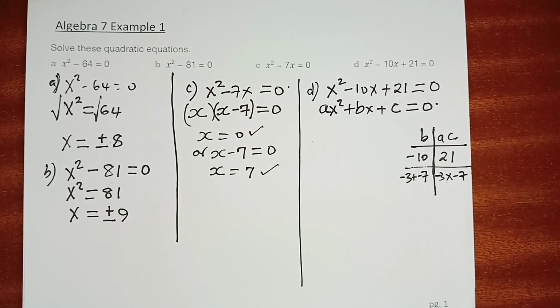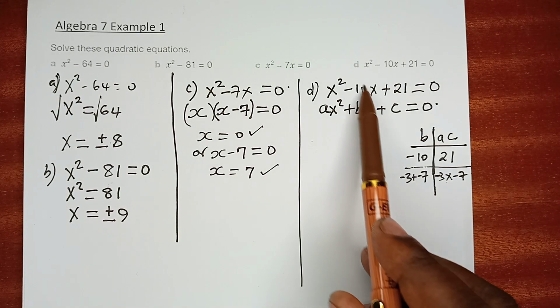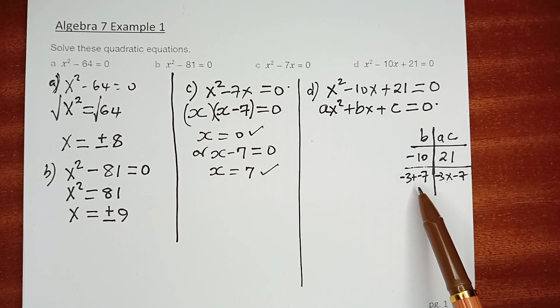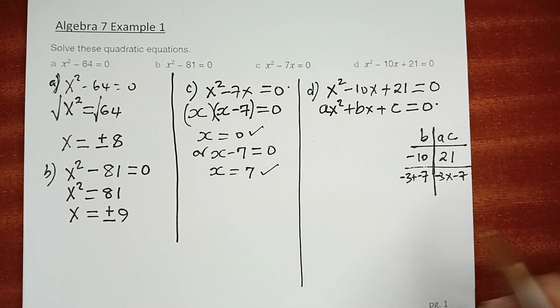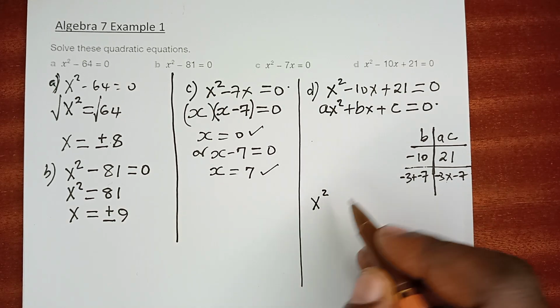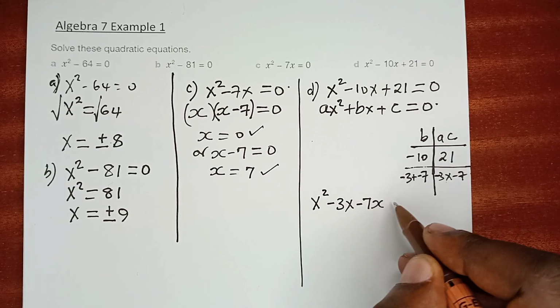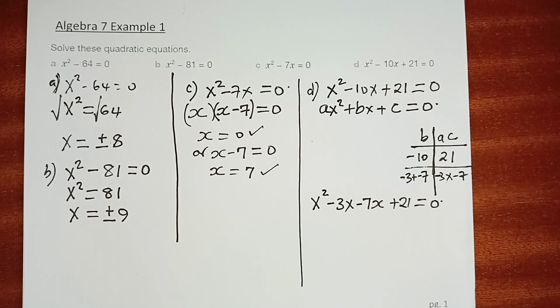After we identify the terms, the second step is to break the middle term, which is bx, and substitute it with the factors that you have realized. So what we do, x squared minus 3x minus 7x plus 21 is equal to 0.